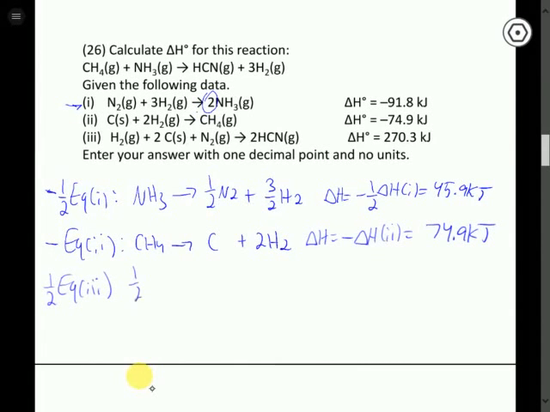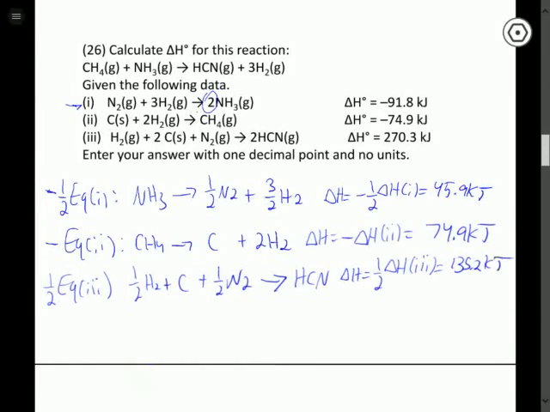So we get 1/2 H2 plus carbon plus 1/2 N2 goes to HCN. So the delta H for this is just going to be 1/2 times the third delta H. All we did was multiply the coefficients by 1/2. So we get 135.2 kilojoules. Alright, so those are the three modified equations and the modified delta H.